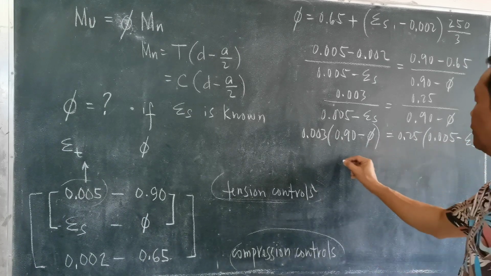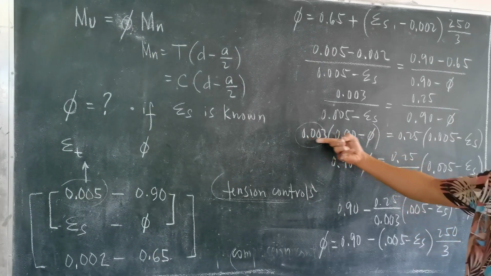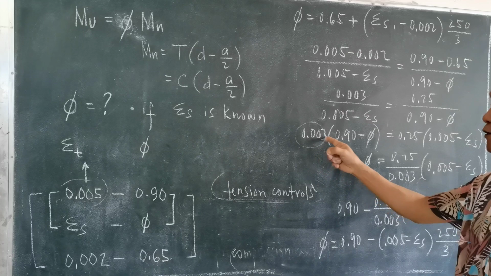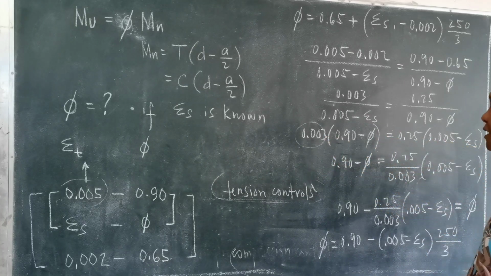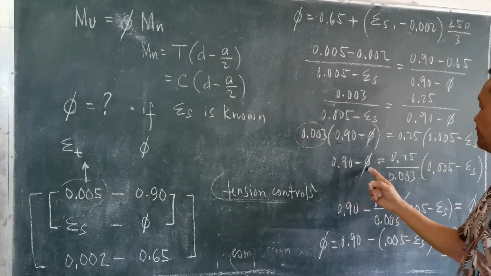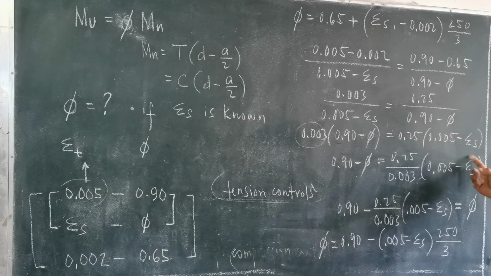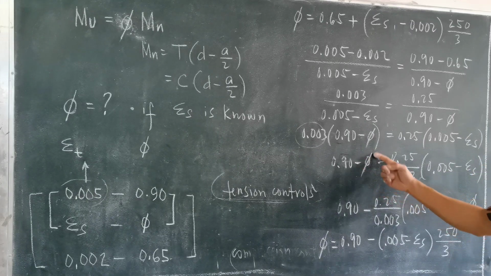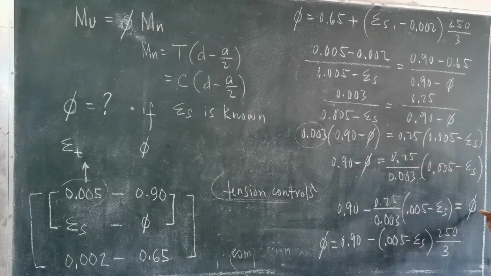Then we will compute for phi here. So we divide all these terms by 0.003. If you divide both sides by 0.003, what remains on the left side is 0.9 minus phi is equal to 0.25 divided by 0.003 times 0.005 minus the actual strain in the steel. Then we transpose this negative phi so that it becomes positive.